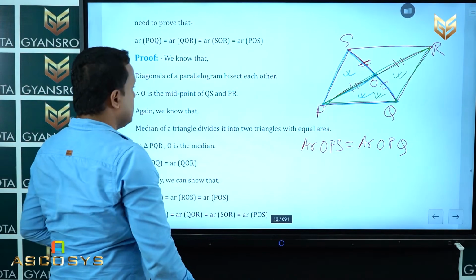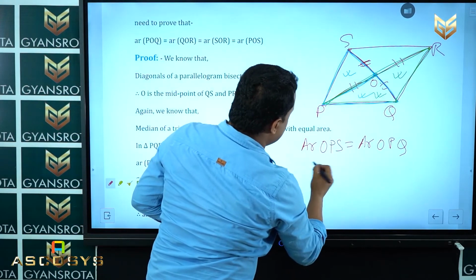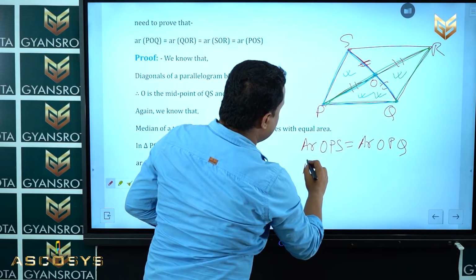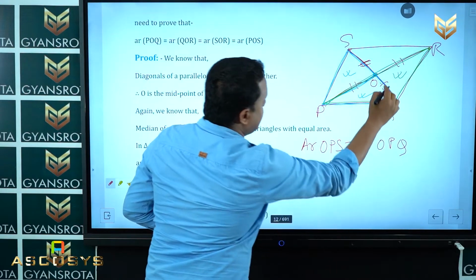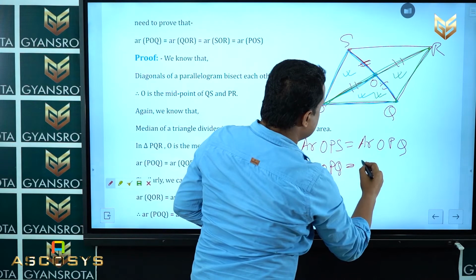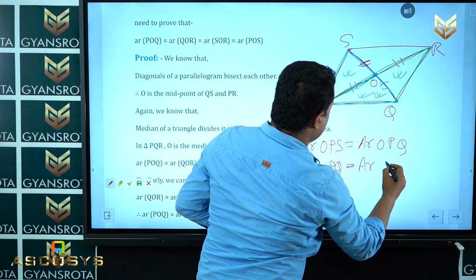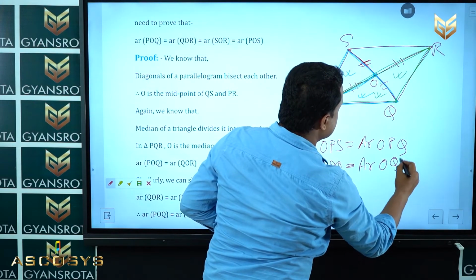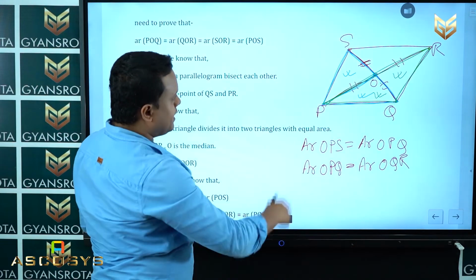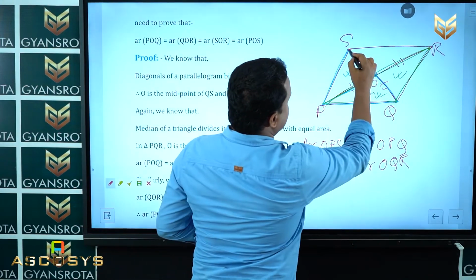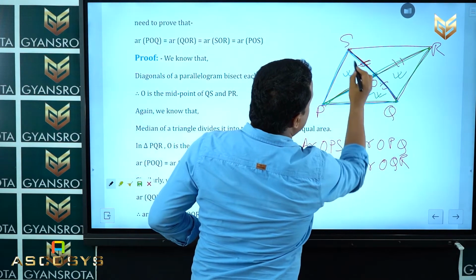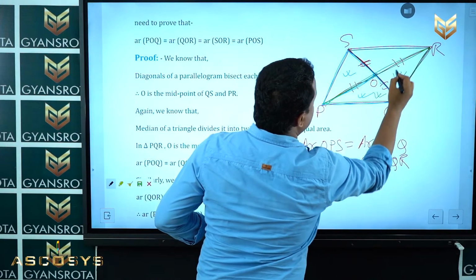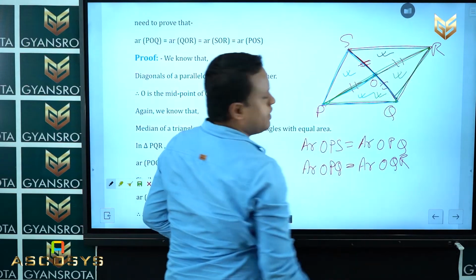So we can write, in triangle PQR, area of OPQ is equal to area of OQR. Similarly, we can consider this triangle, and here also we can show that the areas of this triangle and this triangle are equal.